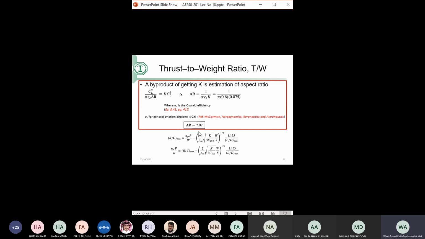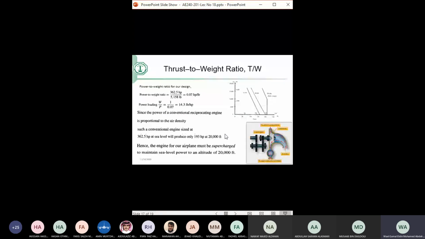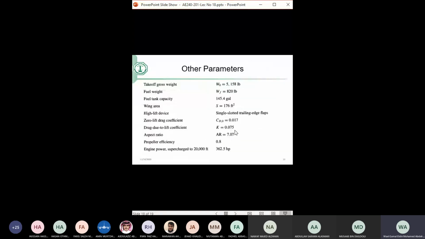So that's an extra piece of information that we gained. We were not planning to get it here. We were planning on getting the horsepower, but since we got K, I can use it to get the aspect ratio. So the aspect ratio of the aircraft now is 7. I can use it in here. So now we have tabulated the parameters. We know a lot about the aircraft right now.